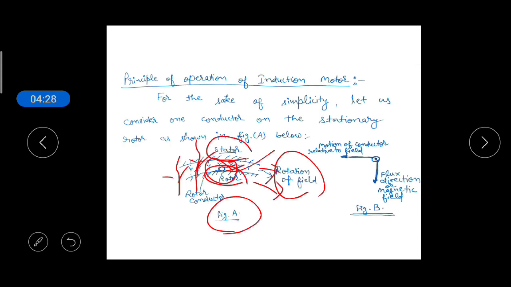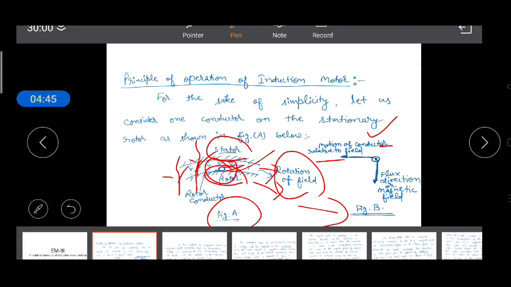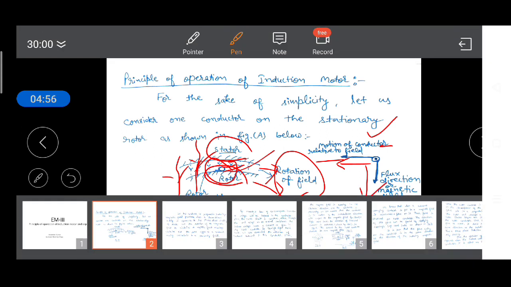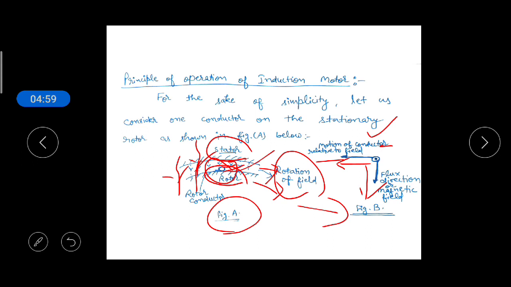As you can see here, this is the motion of the conductor relative to the field. We have discussed it just now: because the field is rotating in the clockwise direction, the motion of the conductor with respect to this field will be exactly opposite to it. And we know that the direction of the magnetic field is from stator to rotor, in the downward direction.